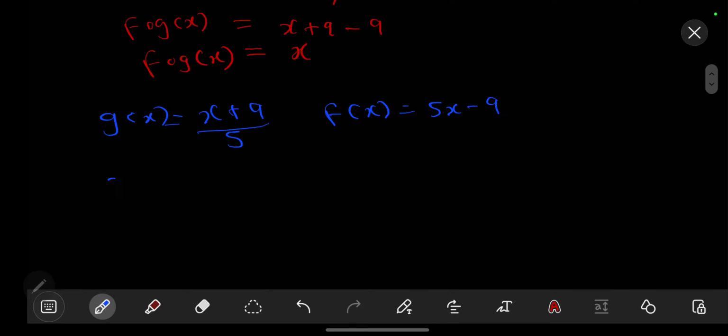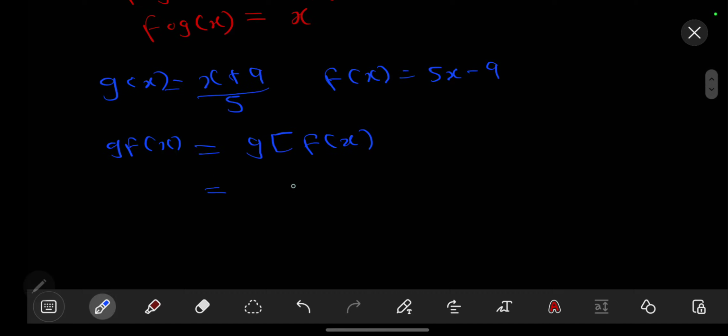So we are going to verify gf of x, which is equal to g where there is x, we are going to put f of x. What is the function for g of x? g of x is equal to x plus 9 over 5. So where there is x in g, we are going to put f of x, then we have plus 9 over 5.